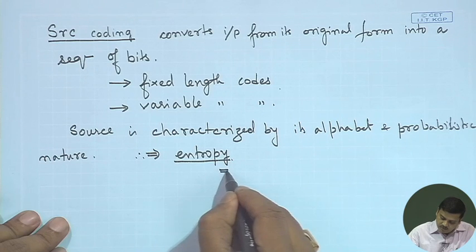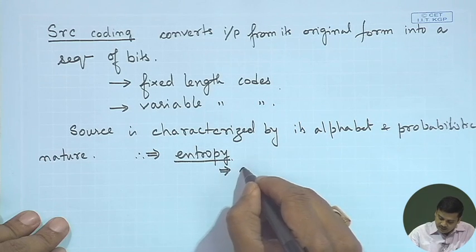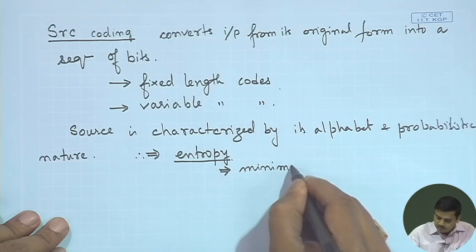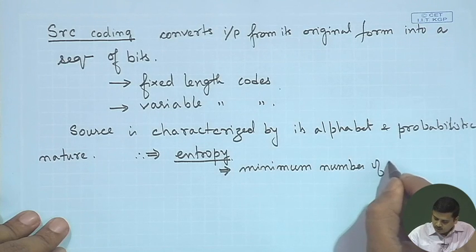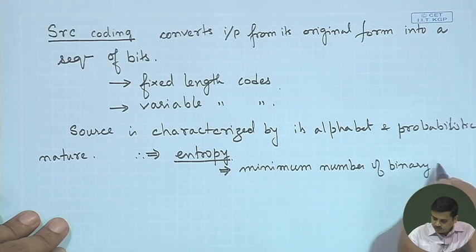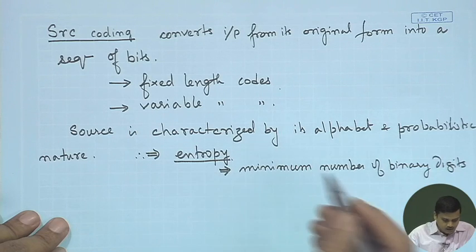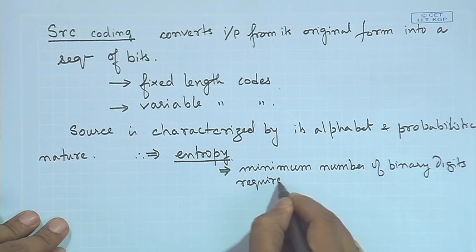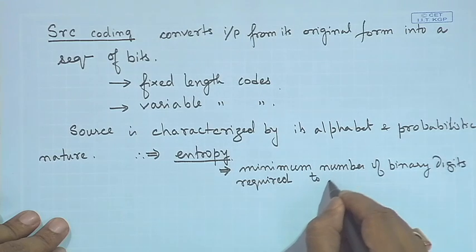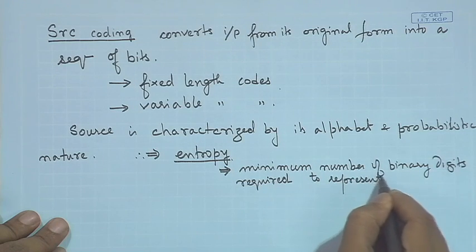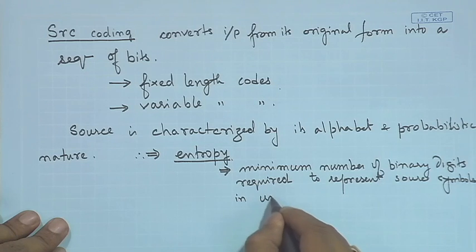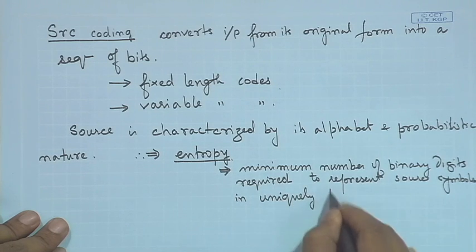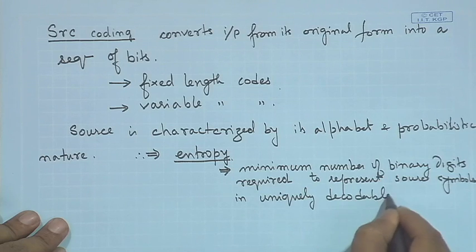And what is meant by entropy? It is basically expressing the minimum number of binary digits required to represent source symbols in uniquely decodable form.